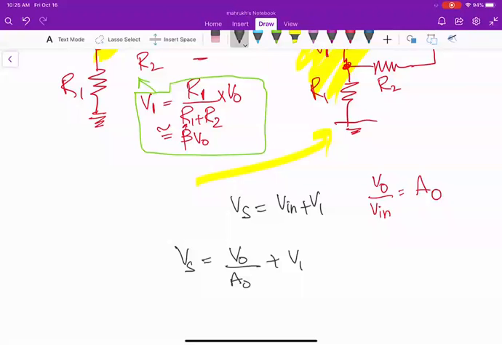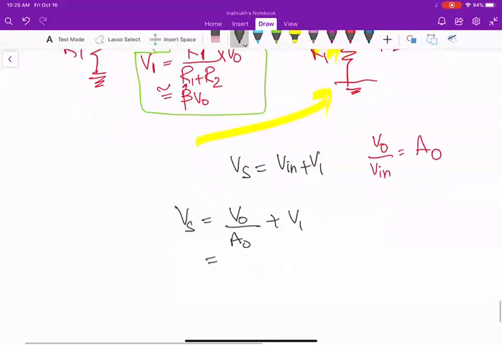And that will make it Vs equal to V naught by A naught plus beta V naught, right?